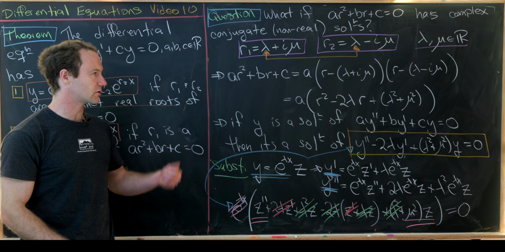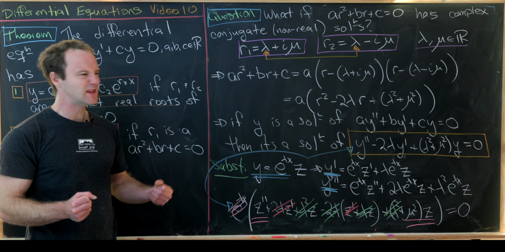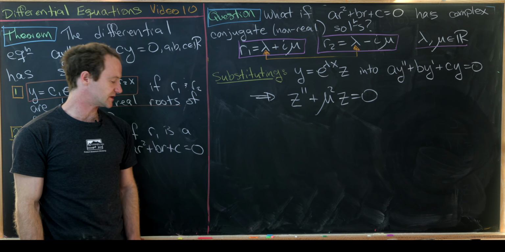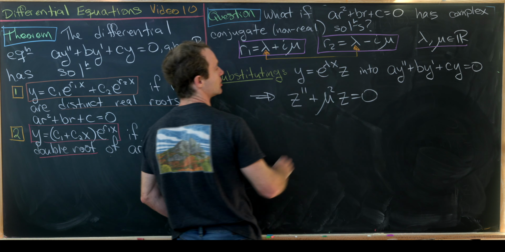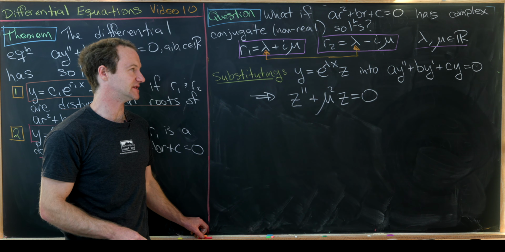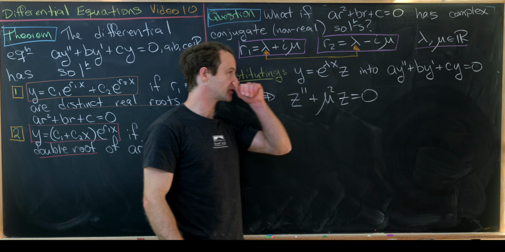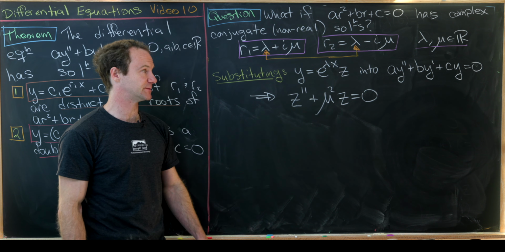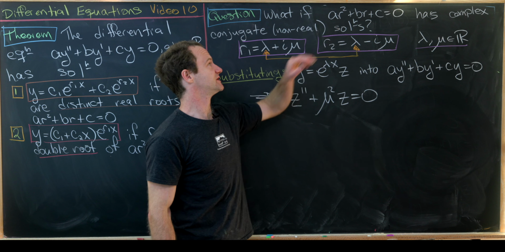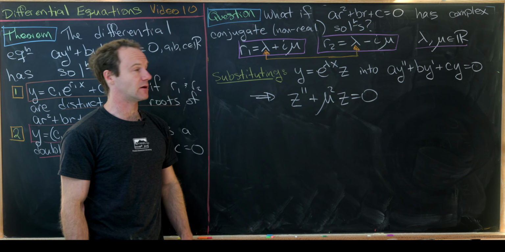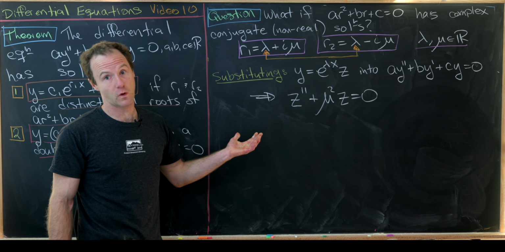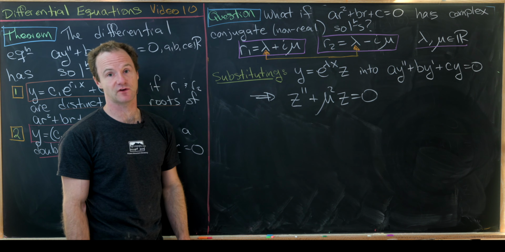Okay, so let's summarize what we have at the top board and then get a general solution for this type of differential equation. Let's see what we've done so far. So we showed that substituting y equals e to the lambda x times z into our differential equation a y double prime plus b y prime plus c y equals 0, where its associated polynomial had complex conjugate non-real solutions, reduced to the following quite a bit simpler differential equation involving z.